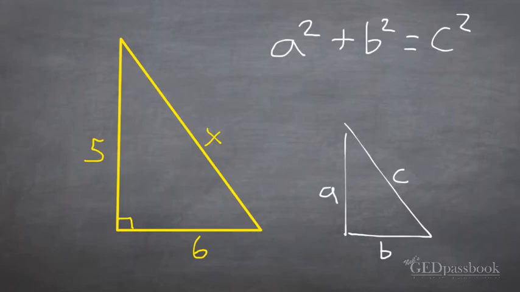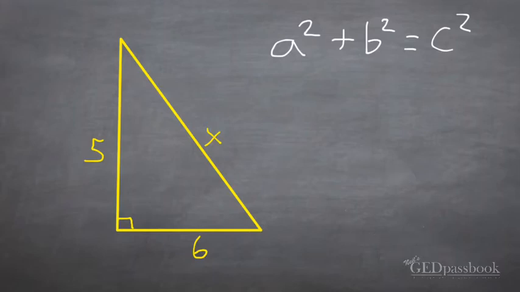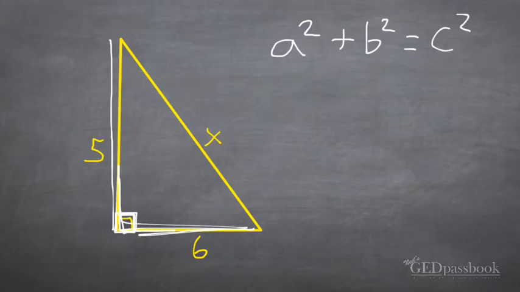But it really doesn't matter in terms of the math. As long as you know that the sides that actually touch the 90-degree angle are side A and B, you're safe all the time.